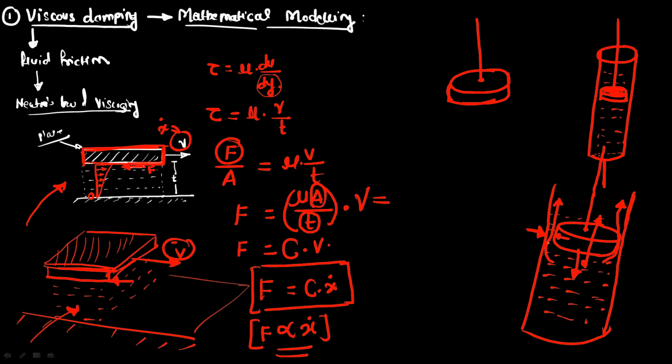Sorry, this gap is considered as a small t. You can consider any one as stationary. This tube is stationary, then the piston will be oscillating. So here we can put the value of this gap as t. A is the total surface area which is in contact with this fluid, which is the surface area of the cylinder.